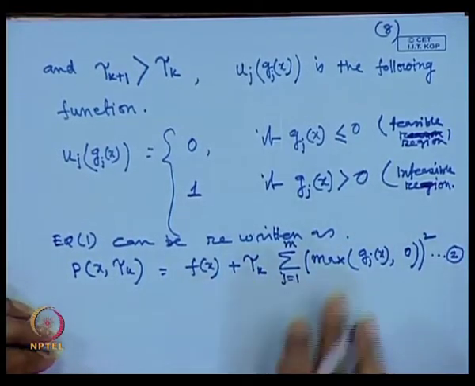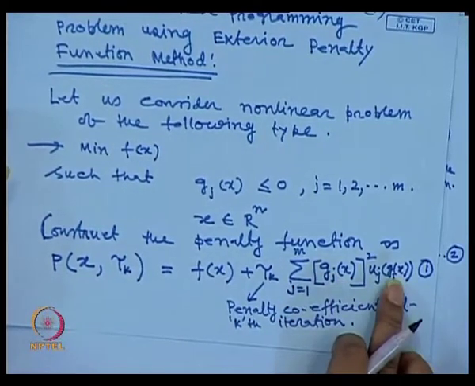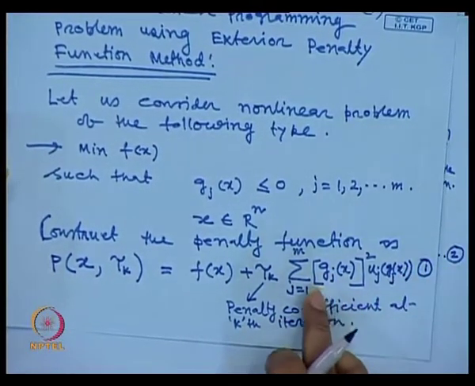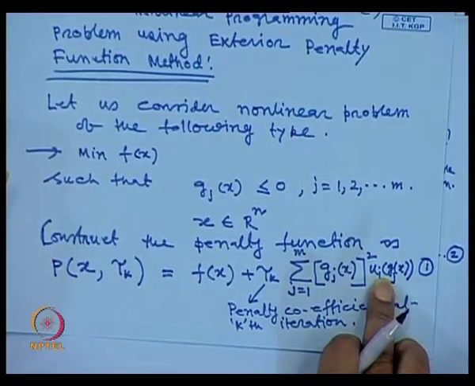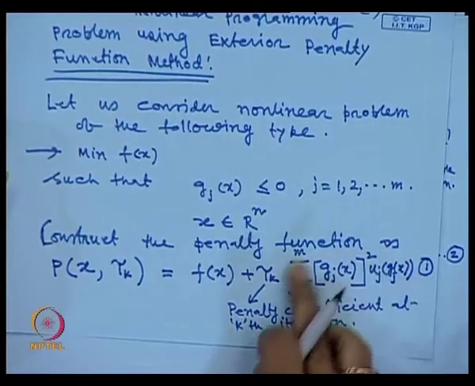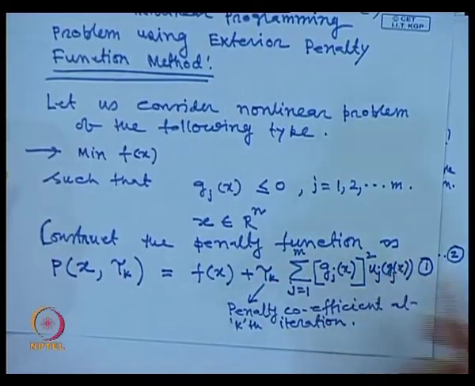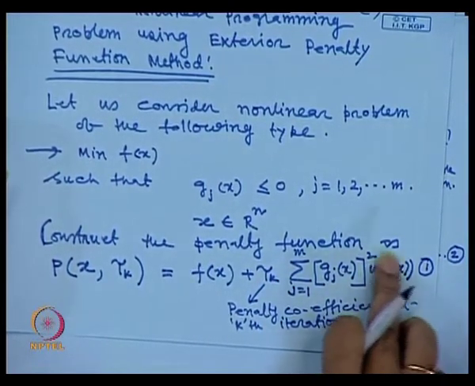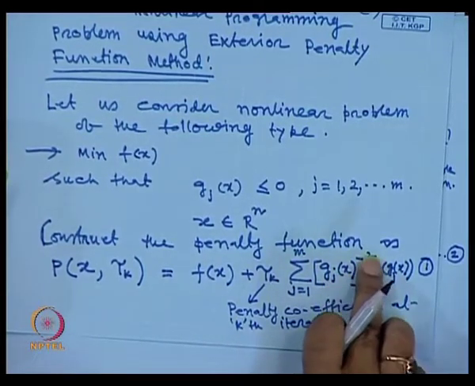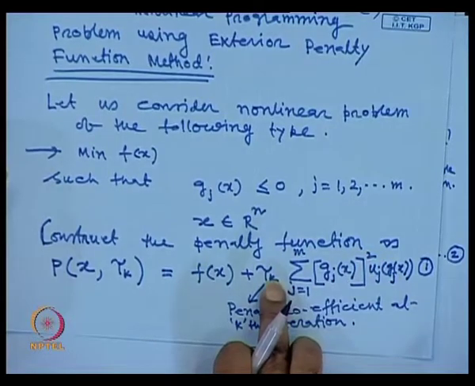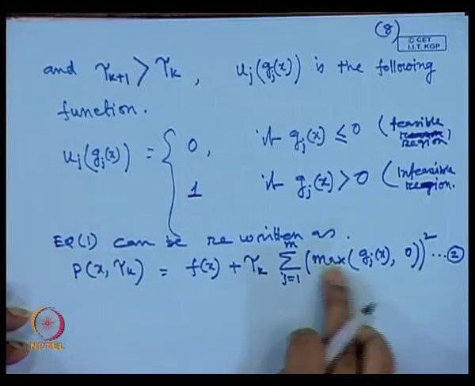How have I written this one? See this one, agree. When it is in the feasible region, that means g_j(x) is less than 0, then this quantity value is 0, so the whole part will not be there. When it is outside the feasible region, this weightage value is 1, that means it is g_j(x) whole square times tau_k.